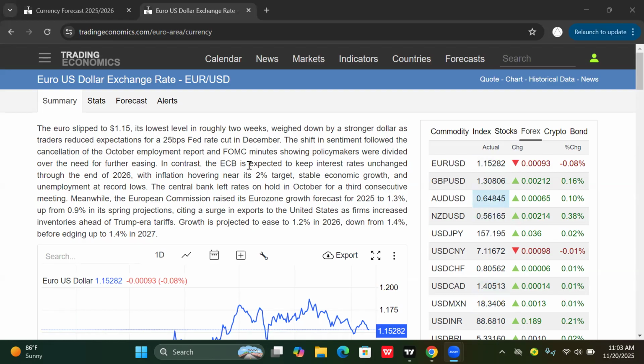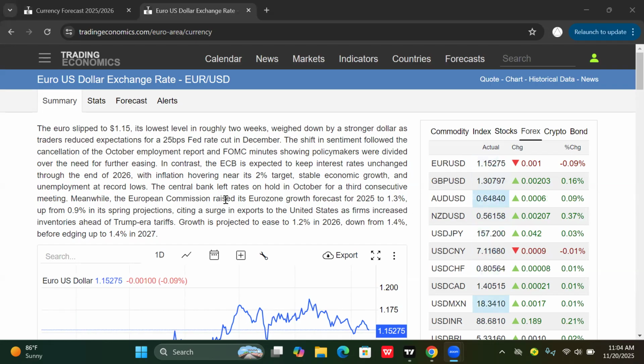In contrast, the ECB is expected to keep interest rates unchanged through the end of 2026, with inflation hovering near its 2% target, stable economic growth, and unemployment at record lows. The central bank left rates on hold in October for a third consecutive meeting.